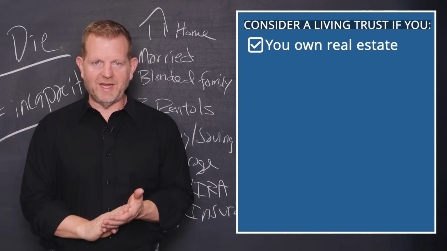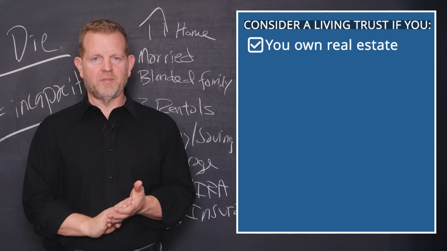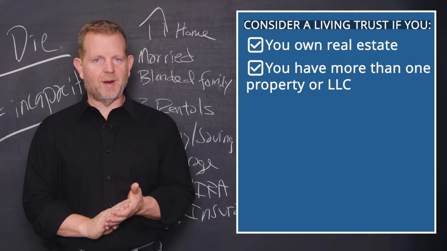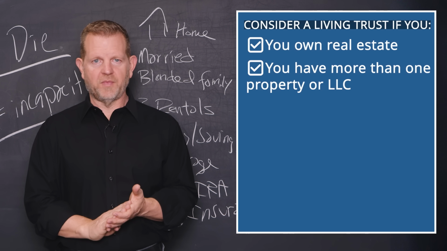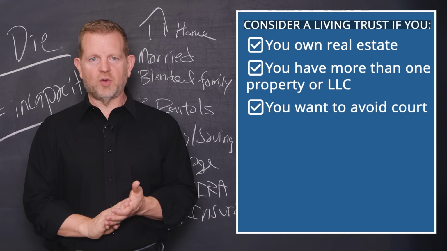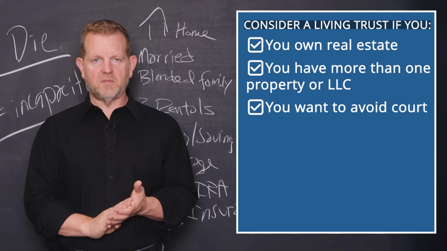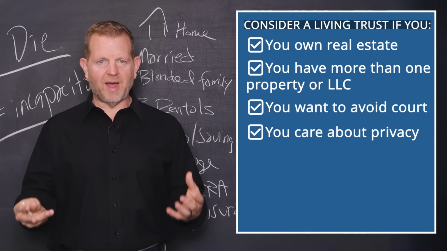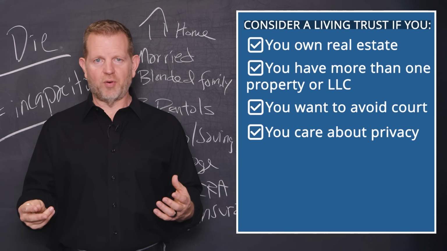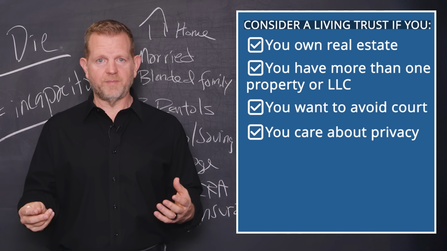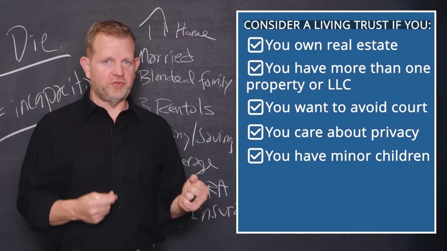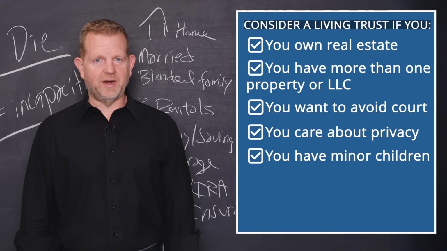You own real estate in any meaningful amount. You have more than one property or more than one LLC. You want to avoid court involvement. You care about privacy. Because remember, probate is public, living trusts are private. If you have minor children, you got to put that in writing as to who's going to help them.